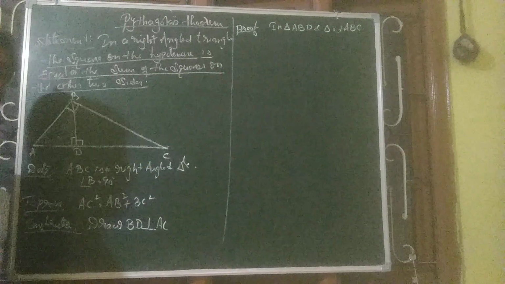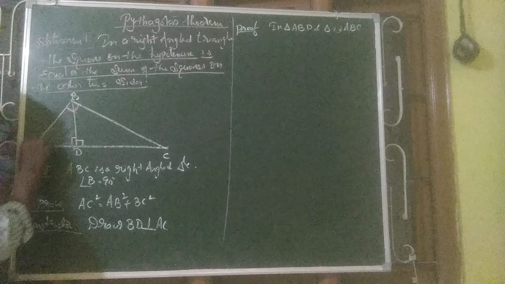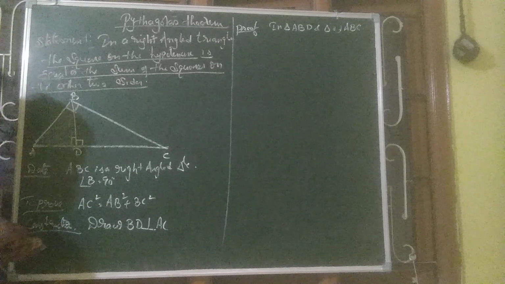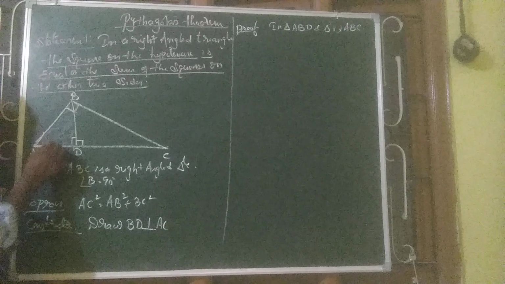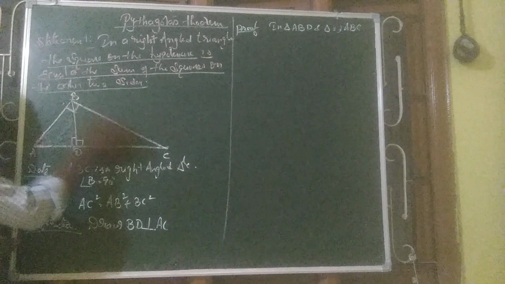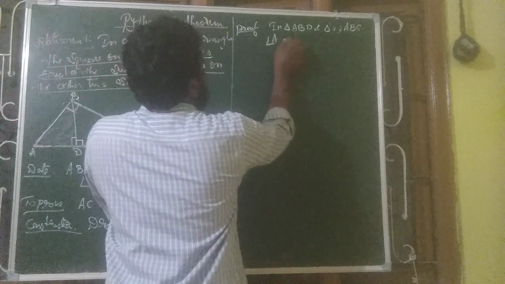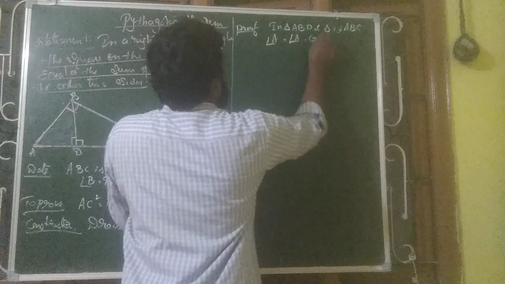Two triangles. First let us prove these two triangles are similar. See, ABD and ABC, this part of the triangle and the whole one. Both have A in common. So angle A is equal to angle A, common.